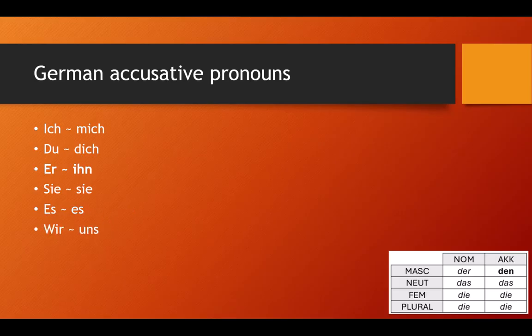Wir becomes uns, so we and us. Ihr becomes euch, the German form of y'all, and the plural sie stays the same in both the nominative and accusative, so you get sie and sie.